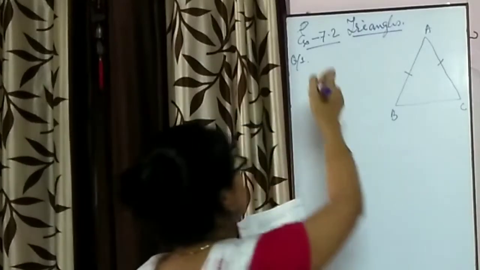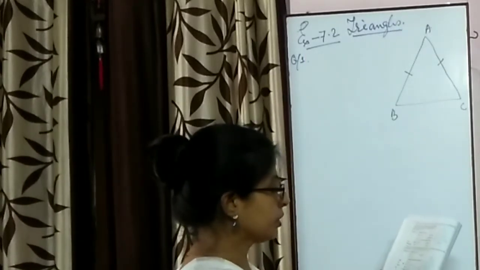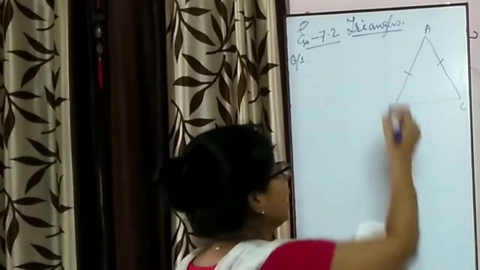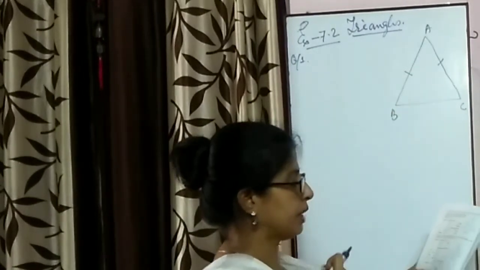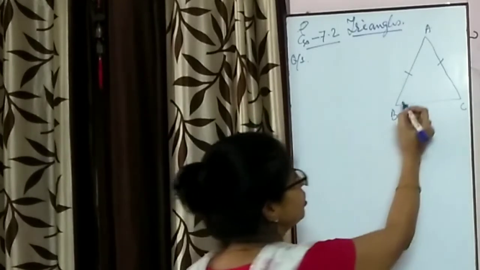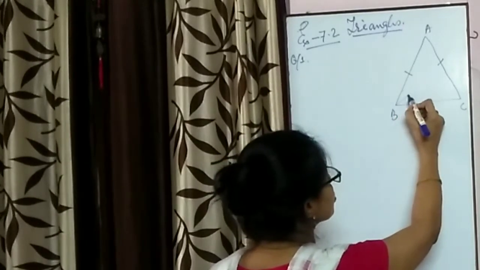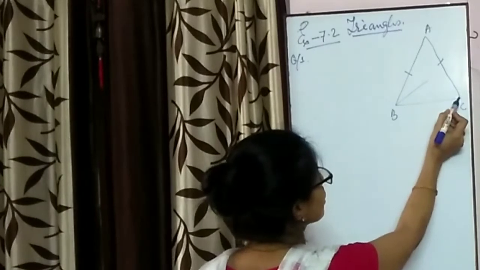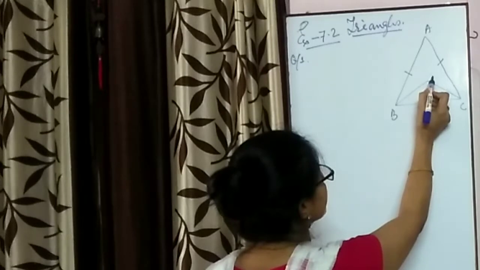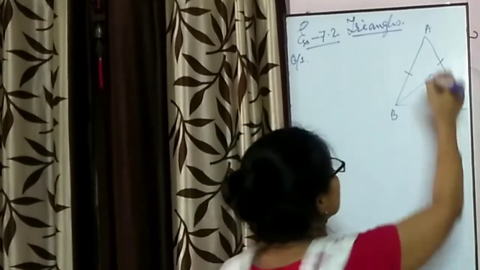Okay, now it's question number 1, exercise 7.2. Here it is said, in an isosceles triangle ABC, AB is equal to AC. The bisectors of B and C intersect each other at O. So while drawing the bisectors of B and C, be very careful, draw them just to the middle, and they meet at a point O. Then OA has to be joined.